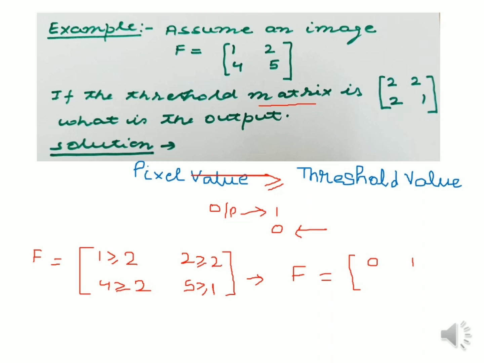In this case the pixel value is greater than the threshold. Here also the pixel value is greater than the threshold. So the output will be 1, 1. So this is the output matrix when the image is of size 2 cross 2 and a threshold matrix is used.